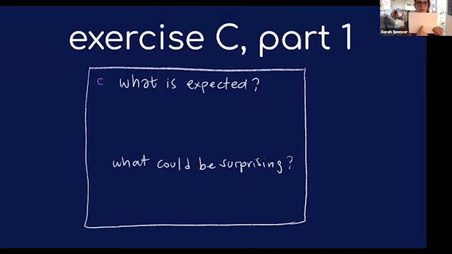Then in the middle, you are going to say, what could be surprising? What you're doing is looking for a space where you can put Post-it notes under what is expected and Post-it notes under what could be surprising. So you can measure it, write the what is expected, put a blank Post-it note, and then write what could be surprising.